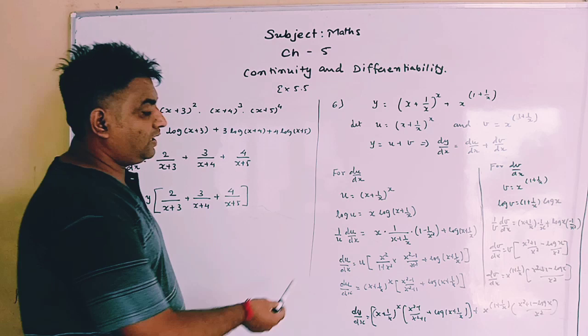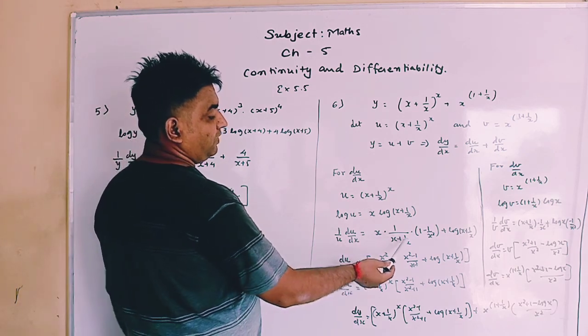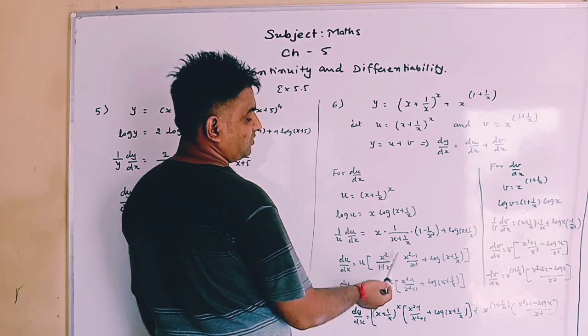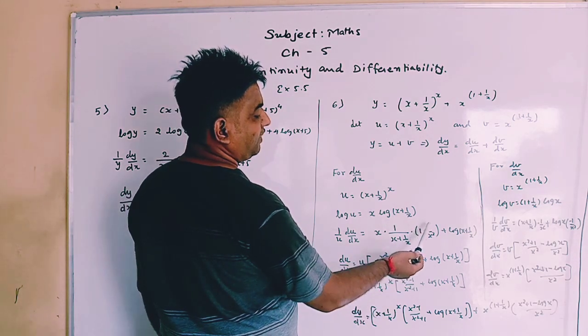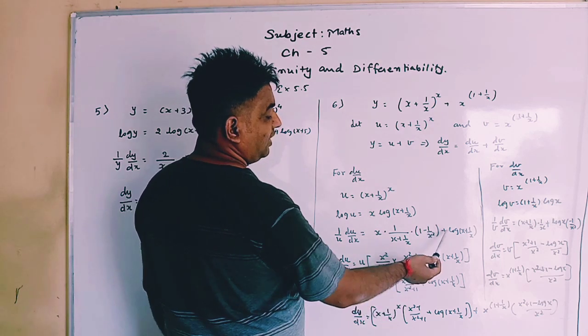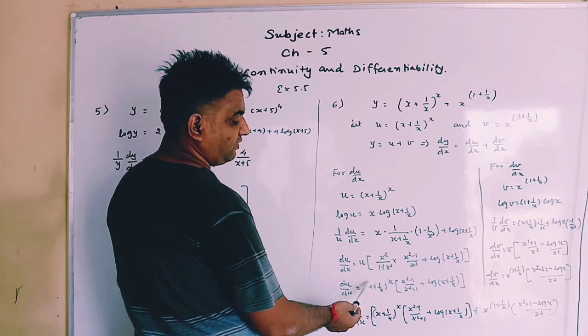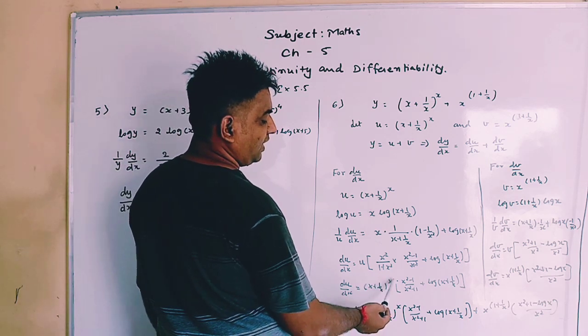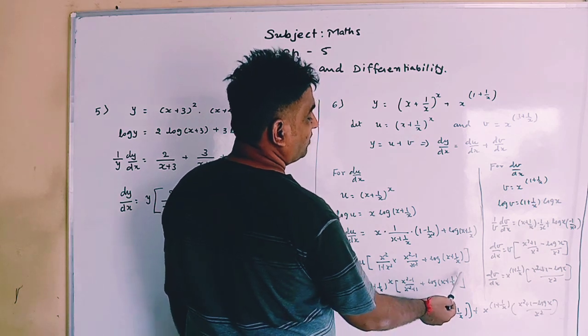So now we take u to the other side. Now we take the LCM here: x square plus 1 in the denominator, and x goes up, so x square. Here also we take the LCM: (x square minus 1) upon x square, plus log (x plus 1 by x). So x square cancels. And so the answer we have is (x plus 1 by x) to the x into [(x square minus 1) upon (x square plus 1) plus log (x plus 1 by x)].